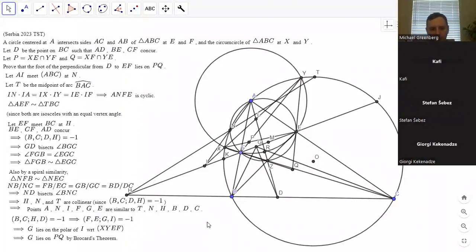However, I drew in point N. And then I noticed that by this point, we can basically delete X and Y, because if you define I as the intersection of AN and EF and G as in the problem, then you just need to prove that I, G, F, E are harmonic. So we can then delete X and Y.